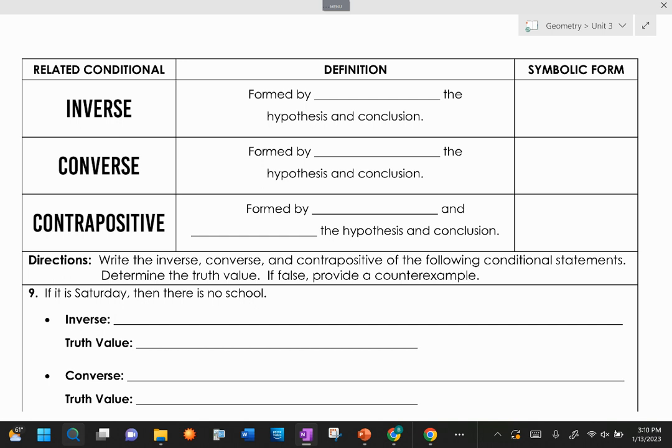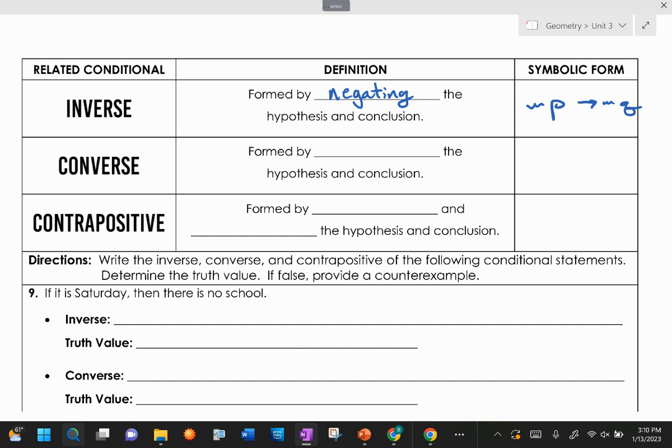So the inverse is formed by negating the hypothesis and conclusion, being not P, not Q. Or if not P, then not Q is really the way we want to look at it.